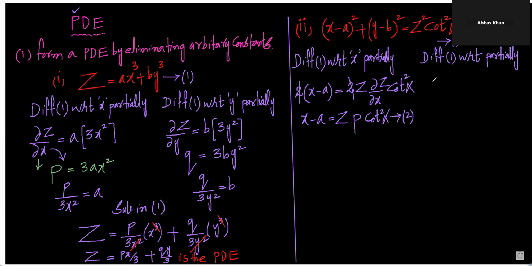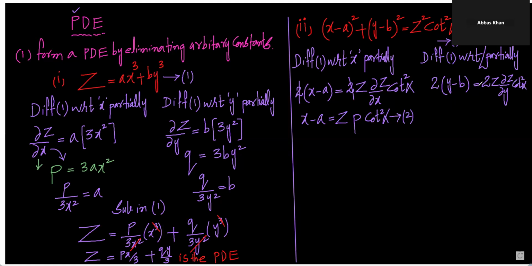So 2 into y minus b, equal to the same story: z square differentiation is 2z into dou z by dou y, with cot square alpha as it is.